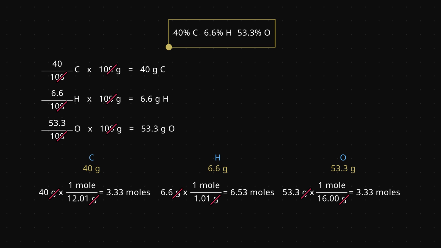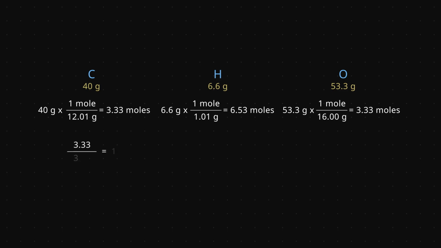The molecular formula is related to the ratio of these different types of atoms. To get these ratios, let's divide by the smallest amount of moles, 3.33. For carbon, 3.33 divided by 3.33 gives 1 atom.